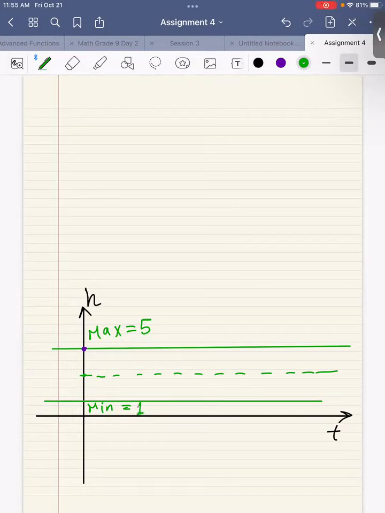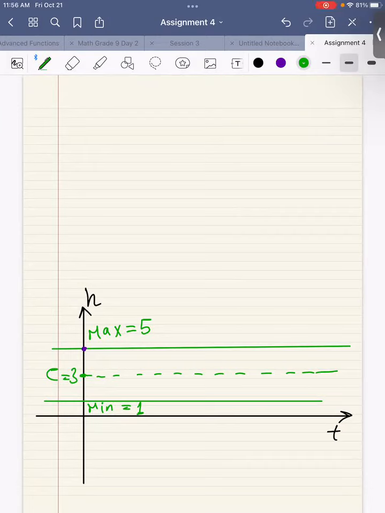So what is the midpoint then? C. It's between 5... sorry. 5 plus 1 over 2 is 3, right? Okay, so the midpoint is 3.